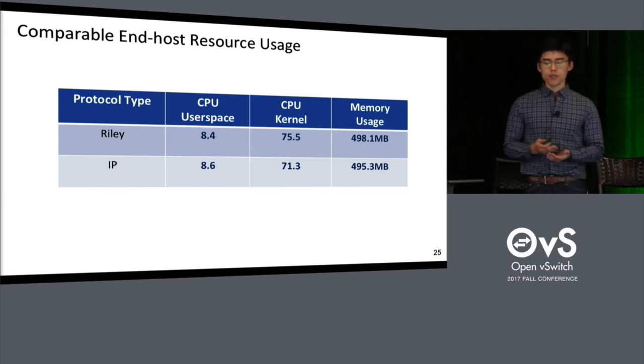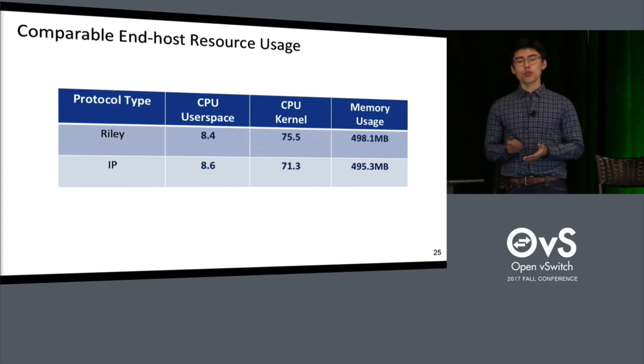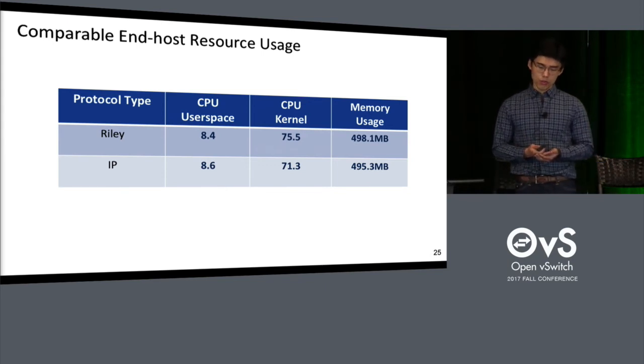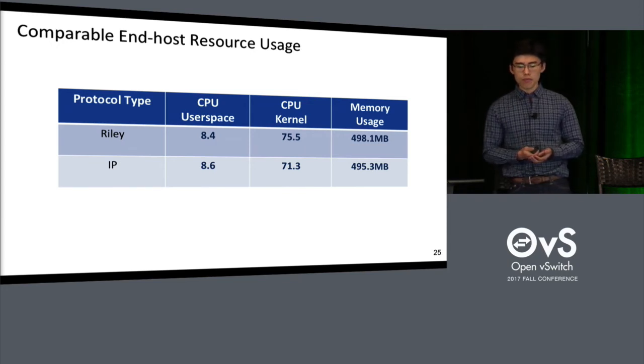And they consume a bit more memory to store the network topology, about 3 megabytes. This memory usage varies between data center topologies, but for this experiment we used a topology of around 4,000 switches.